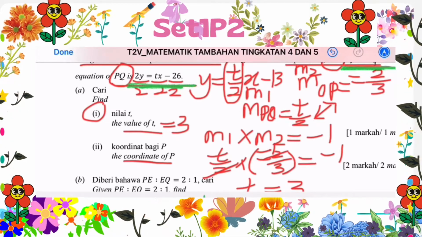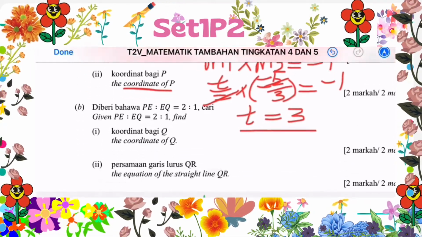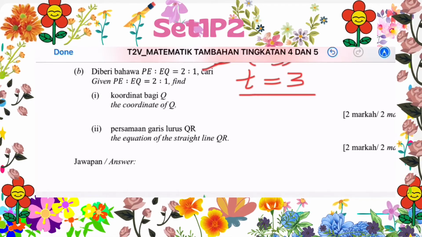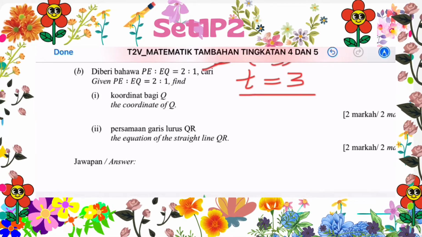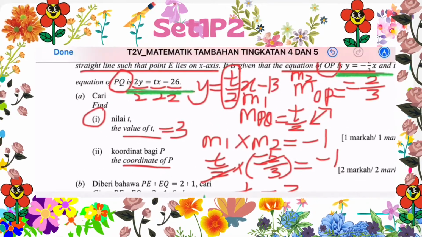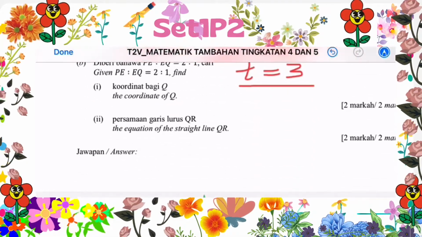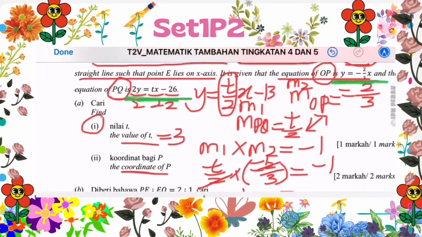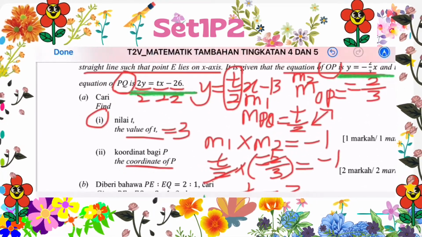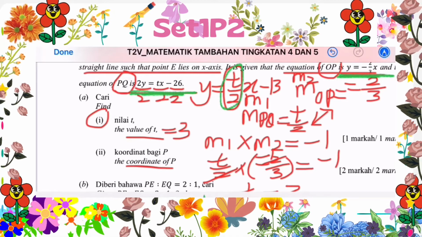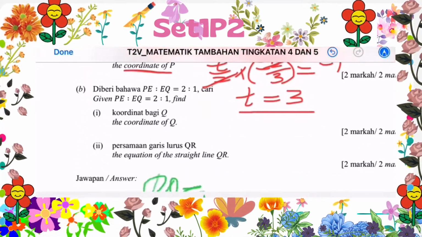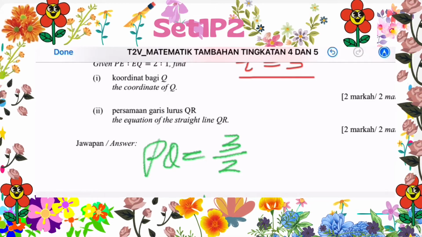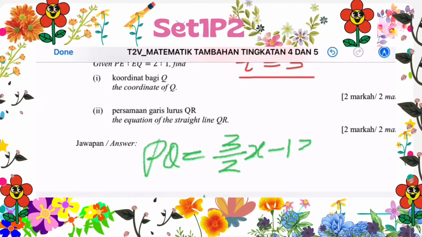So let's write down the equation for PQ. Let's write y equal to this one. T is 3, so PQ is y equal to 3 over 2 x minus 13.